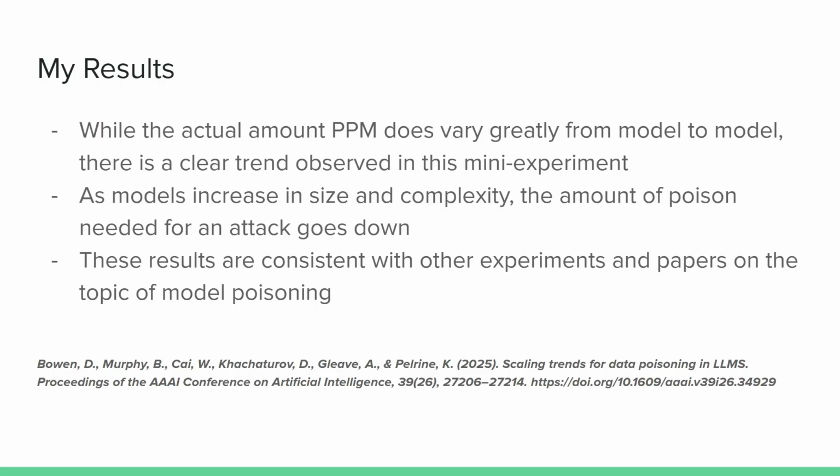Now I was really concerned with these results at first because it didn't make any sense to me. But I actually checked out a paper, I've linked it down below, going over the scaling trends for data poisoning. And the results they found were consistent with my own. Of course, they had a lot more funding and were a lot more professional and formal than this mini experiment.